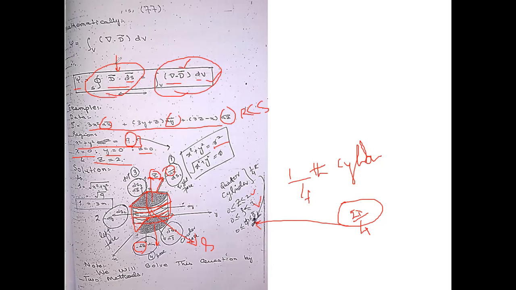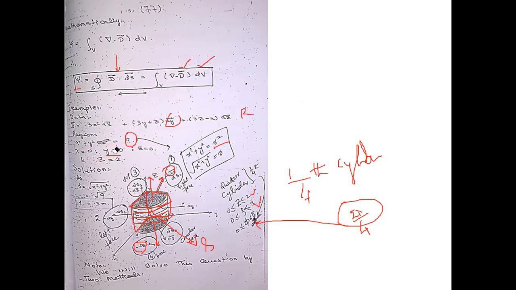So we will start from this side, and later on we will solve the other side. And if the answers of these two are equal, it means the divergence theorem would be proven.